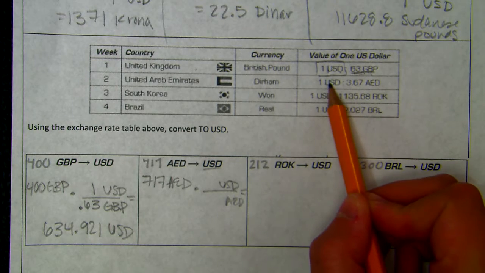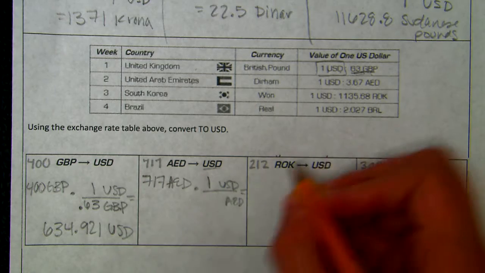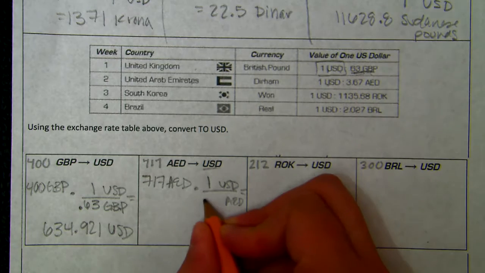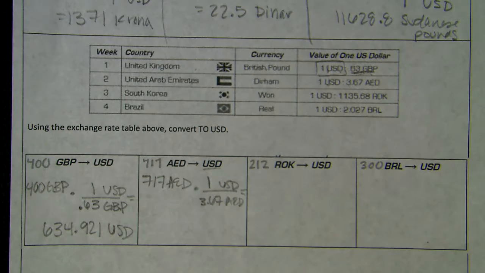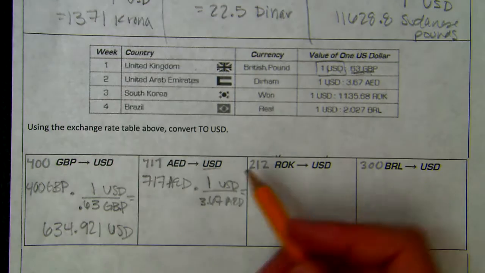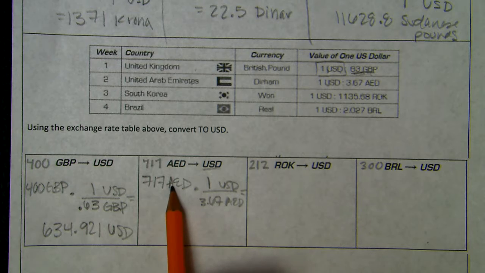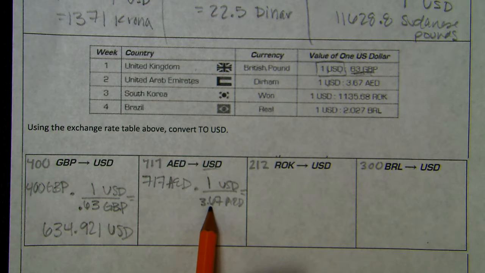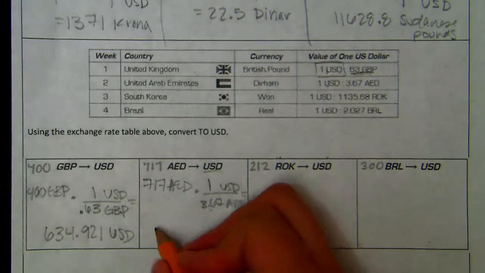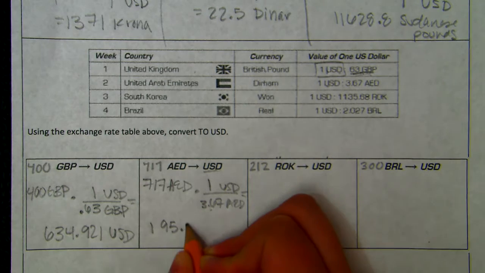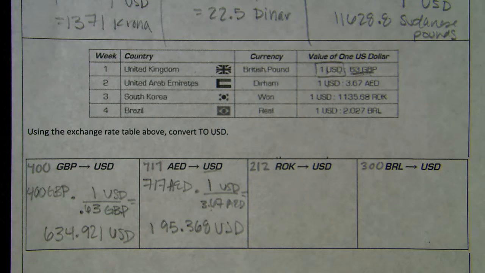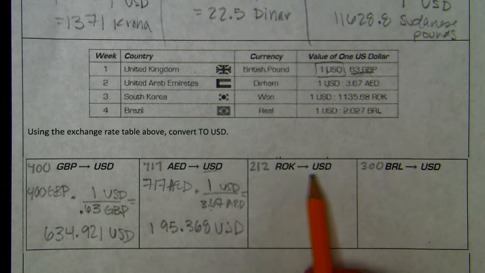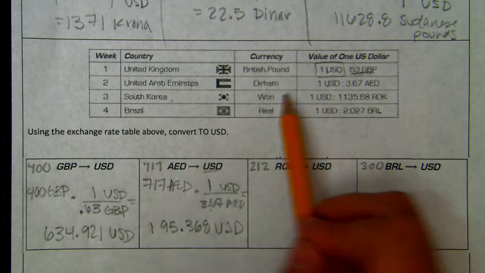So we have $1 US, so I'm going to put that 1 by my US dollar right away, is equal to 3.67 AEDs, which again is the United Arab Emirates currency. So putting this in my calculator, I'm going to take 717 divided by 3.67, and that will give me 195.368 US dollars.